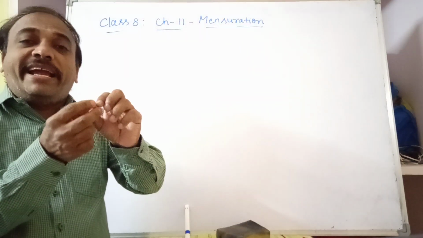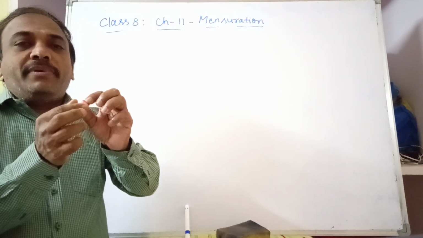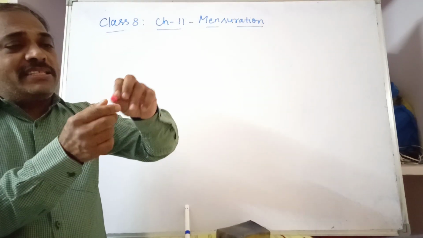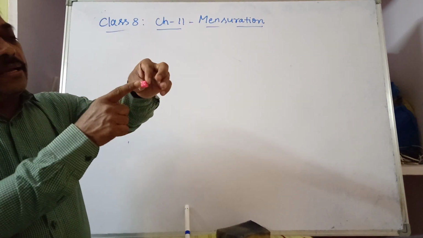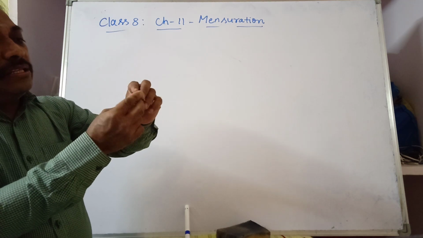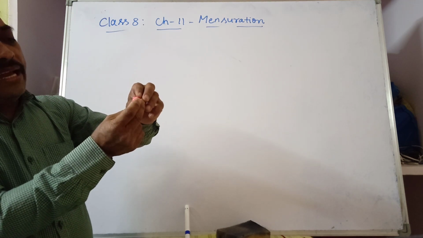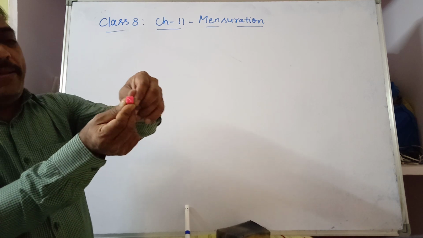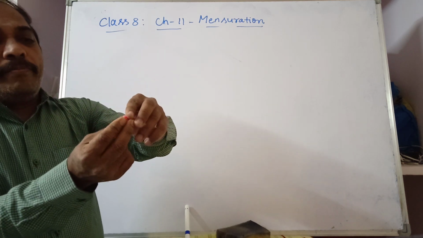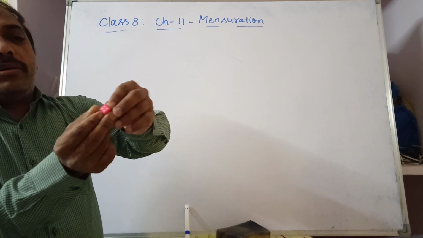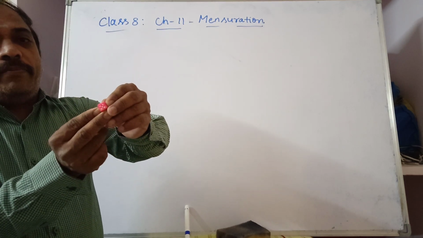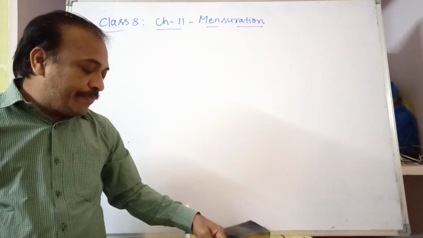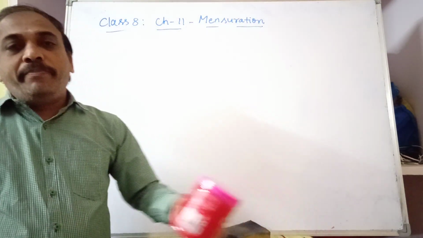So, how many flat surfaces? 1, 2, 3, 4, 5, 6. 6 flat surfaces.